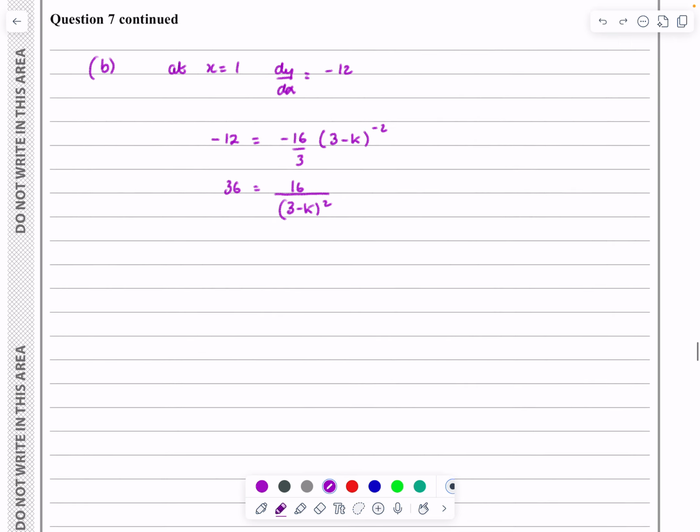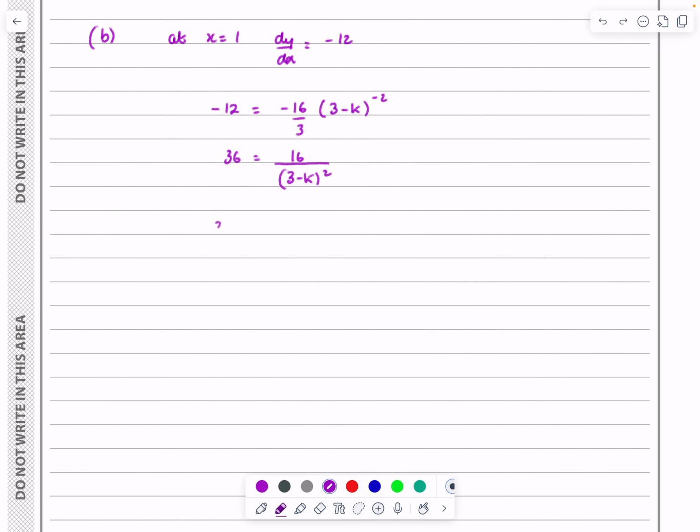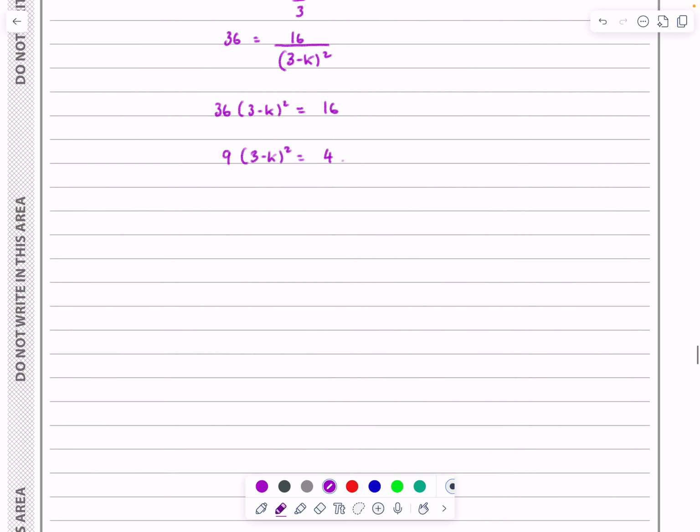Okay, let's take the 3 minus k over to the other side then as well. So I've got 36, 3 minus k squared is equal to 16. Let's cancel out the 4s from both of them. This is 9 lots of 3 minus k squared is equal to 4. I'm going to do that before I start multiplying everything out. I want to have slightly easier numbers to work with.